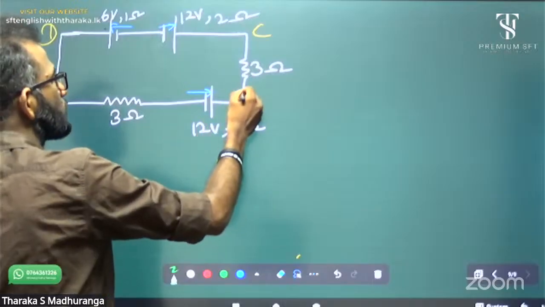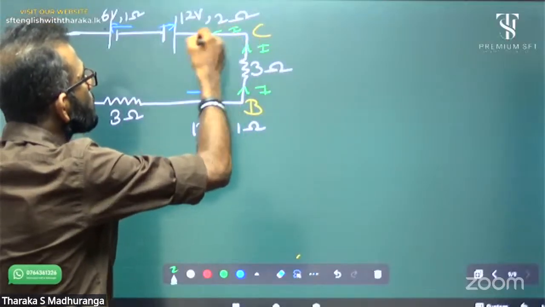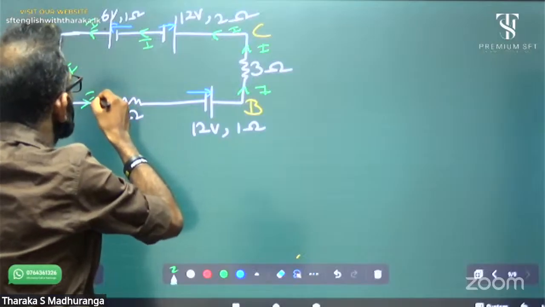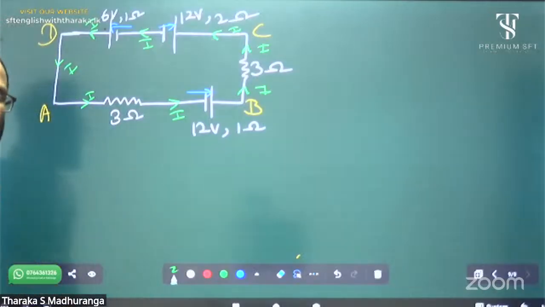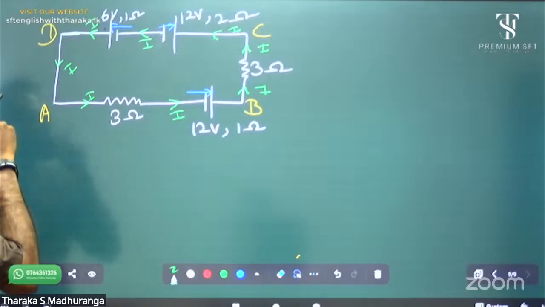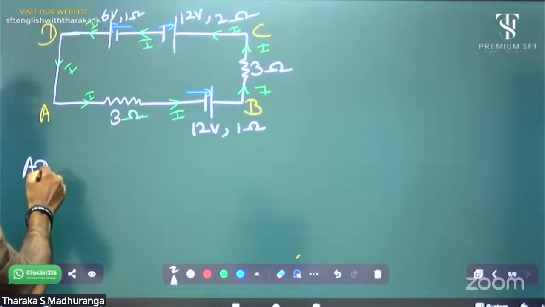Current direction, I think this is the current direction I. Okay, I'm going to use the A, B, C, D loop.